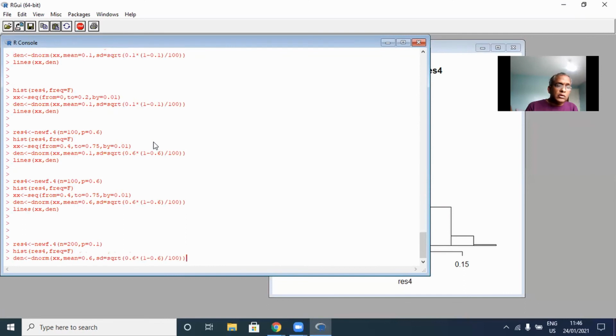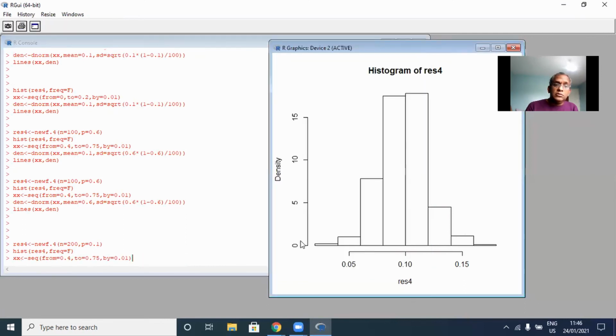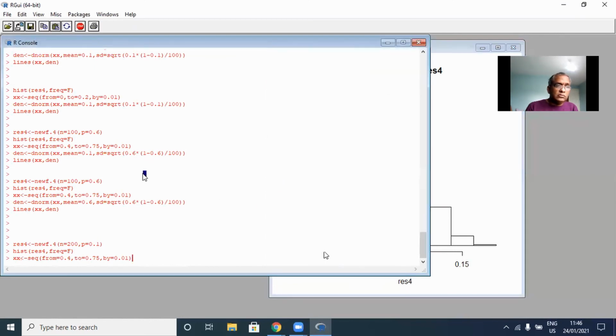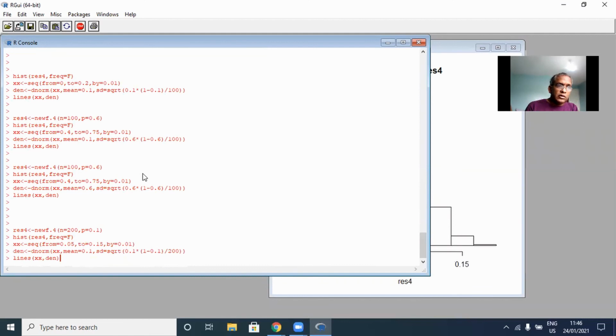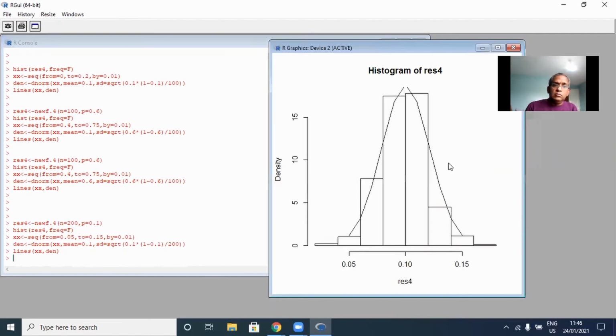Define the x values, which go from 0.05 to 0.15. Then define the density values with p equal to 0.1 and n equal to 200. And finally, plot the lines. So you see one more time the fit of the normal PDF is good, not bad.